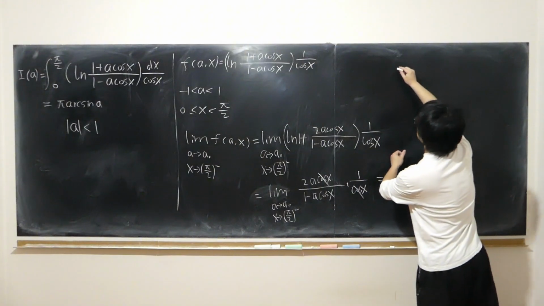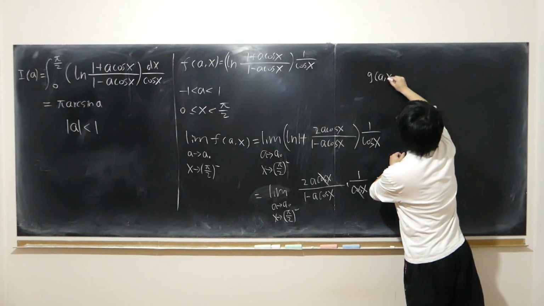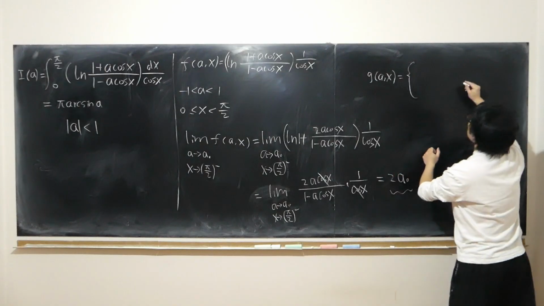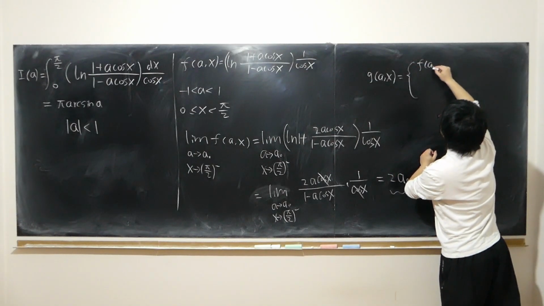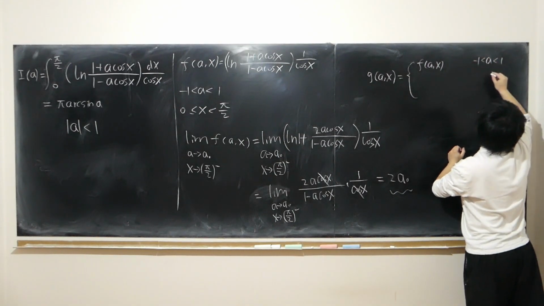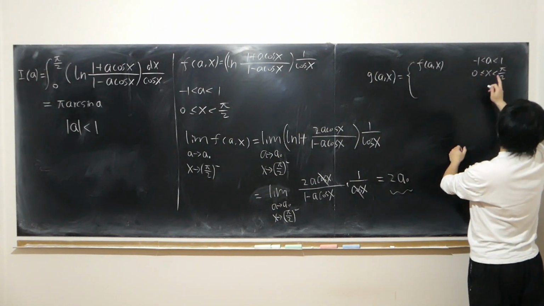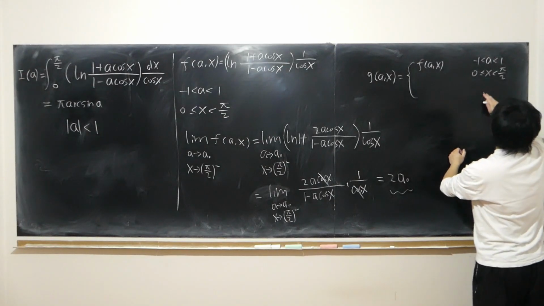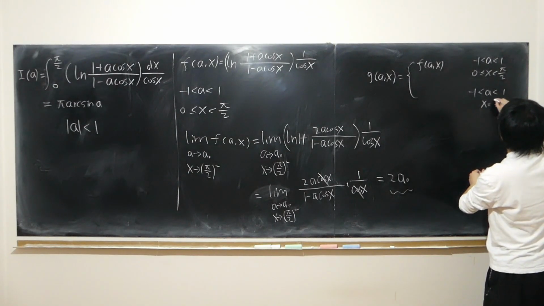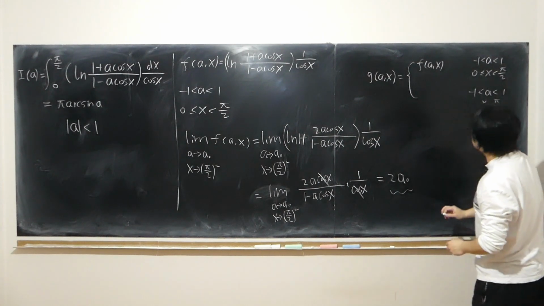All you have to do is to let g, a new function, equal to f of a, x if a is between 1 and -1, x is in between 0 and half pi, not equal to half pi. And if x equals half pi, a is in between, you let it equal to 2a.